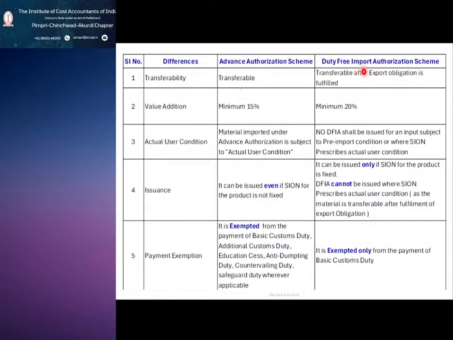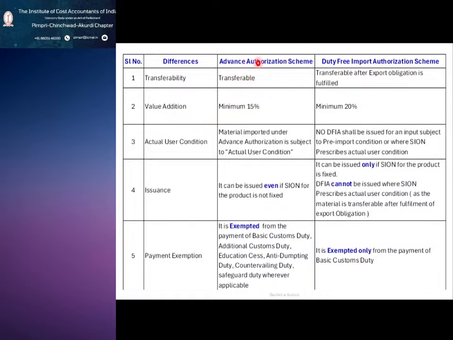But in the case of duty-free import authorization, only after your obligation is fulfilled are you eligible to transfer the duty-free import license.